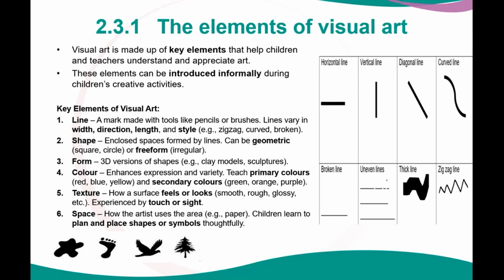And then look at the texture, bring in activities where they can feel how a surface feels or looks, whether it's smooth, rough, glossy, experienced by touch or sight. And then we look at space, how the artist uses the area, for example paper, and children learn to plan and place shapes or symbols thoughtfully in this way.